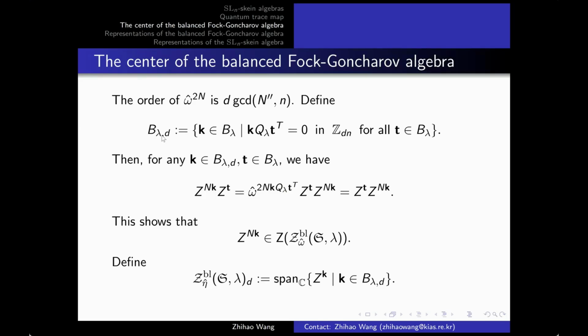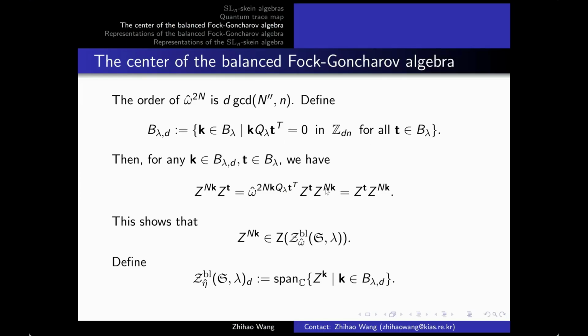So let's say if k is in b lambda d and t is in b lambda, then the order of the omega bar to the power of 2n is d times this greatest common divisor. And also the product of the vectors and the matrix is a multiple of dn. This is the definition.